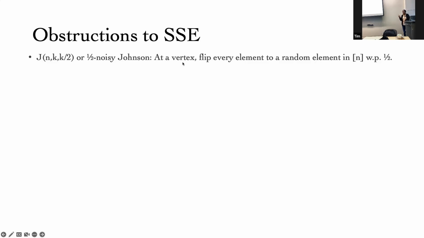Every vertex can be thought of as a k subset of n. And to generate an edge, we flip every element with probability half. So this is approximately J(n, k by 2). This is one way to view it, or you could also flip exactly half of the elements if you wanted.